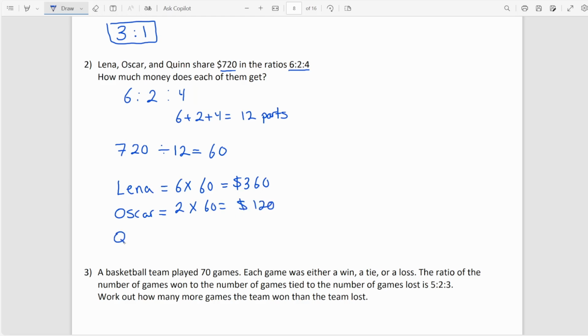And finally, Quinn, 4 parts multiplied by $60 per part, and he gets $240. Okay, so that's it. This is the money divided amongst them based on the ratio that we were given.